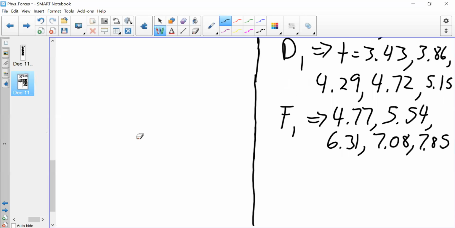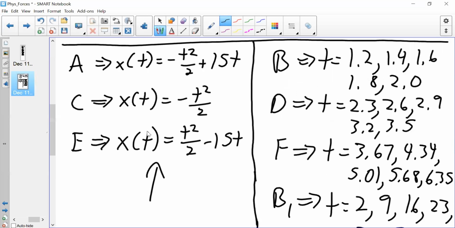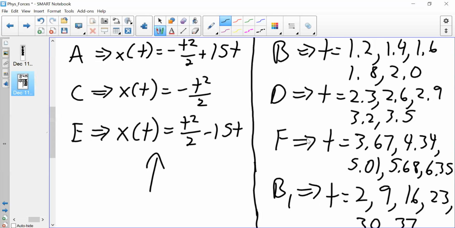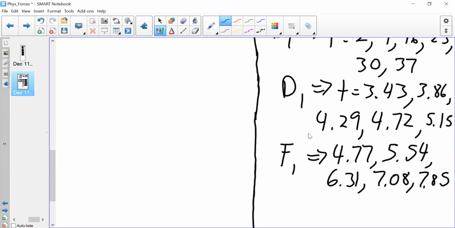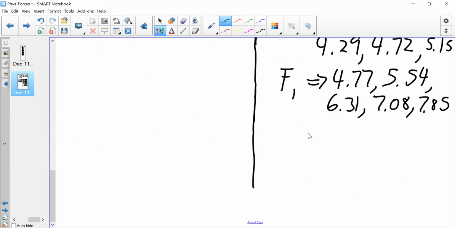Okay, so far we have 9 data points. And actually had to add 2 more. Actually 3 more.